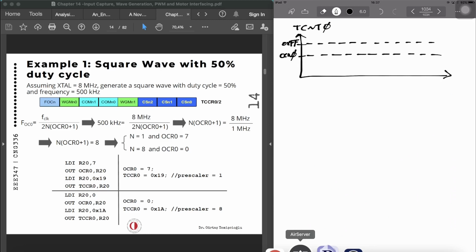Right, so what we can have is, based on this, and the similar thing for the OC0, where we have got 1 and 0.